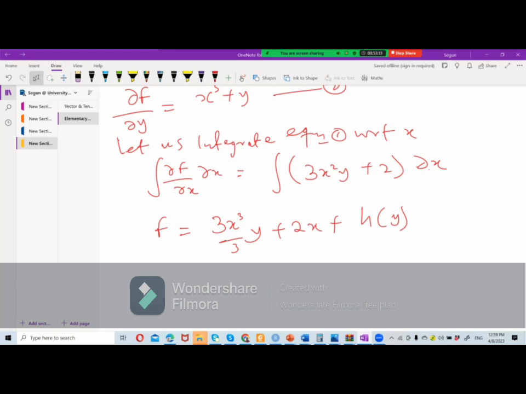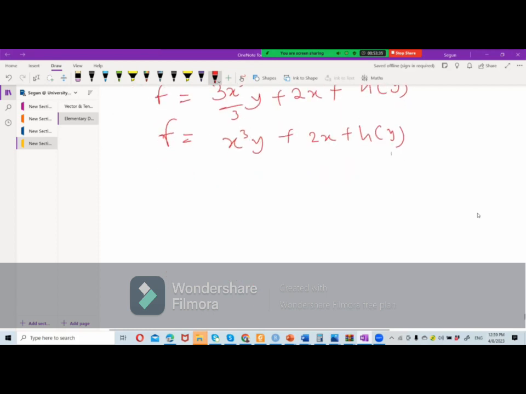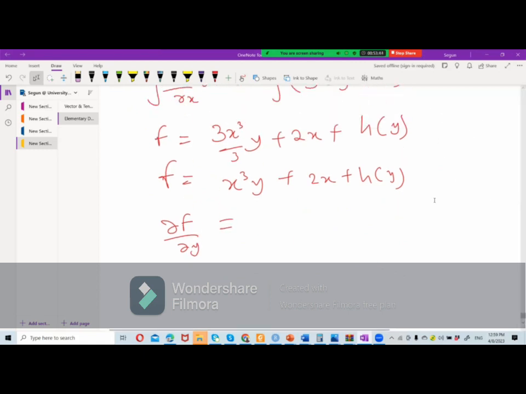So let's continue. In this case, we have our f to be equal to x cubed y plus 2x plus h of y. So we can continue by saying that, I'm dealing with the second stage now.